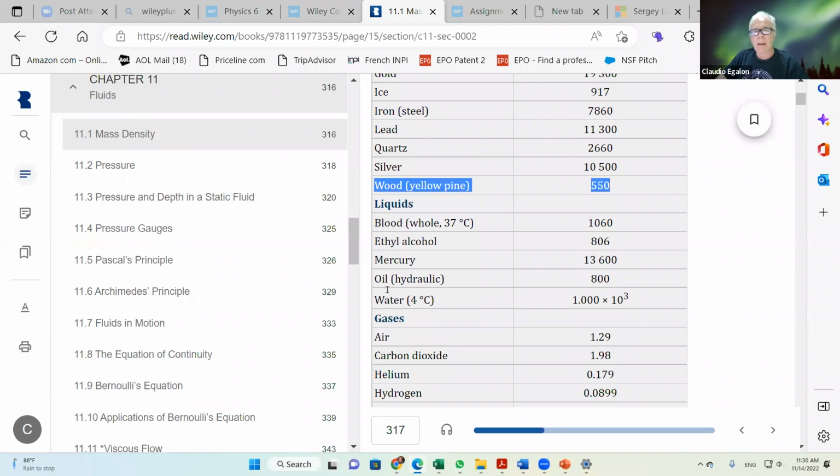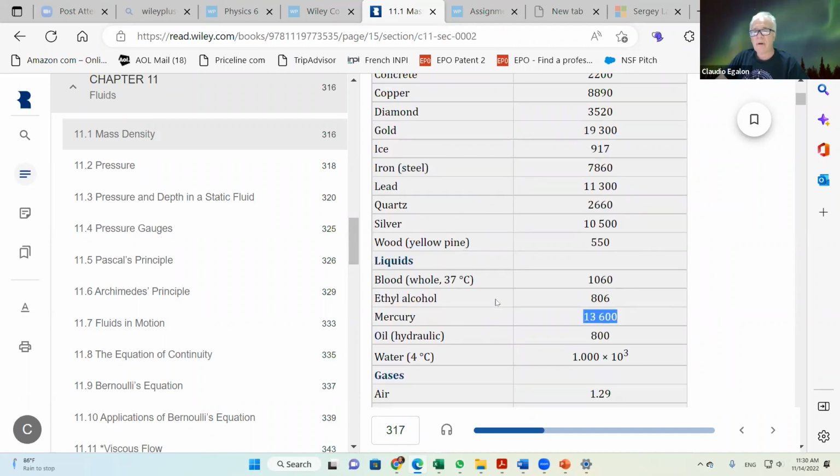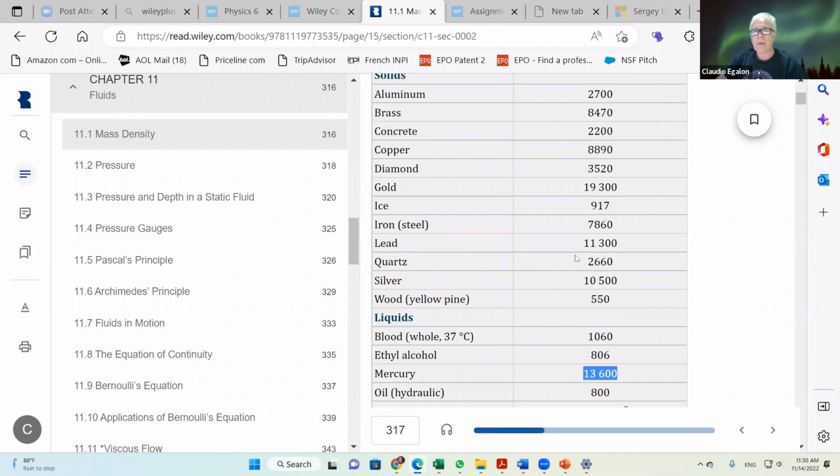What about liquids? Blood at 33 degrees C, 1060, is a little bit more than water, right? Blood has lots of water. Ethyl alcohol, 806. Mercury, liquid mercury, is a very dense substance, 13,600. It's more than lead, more than silver, but less than gold.